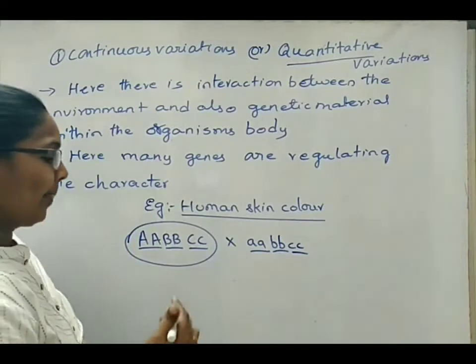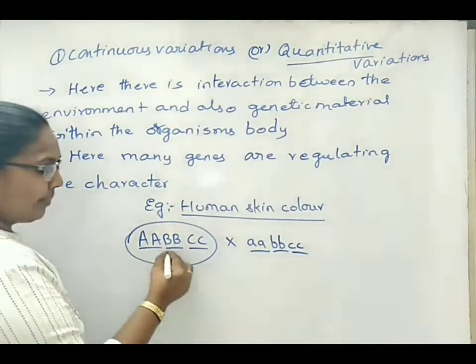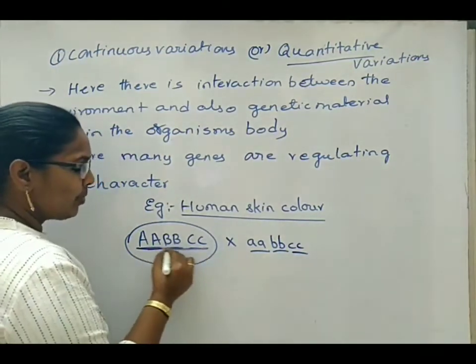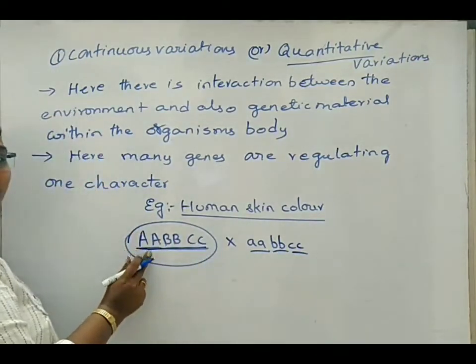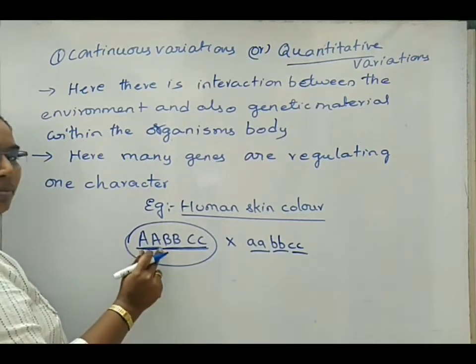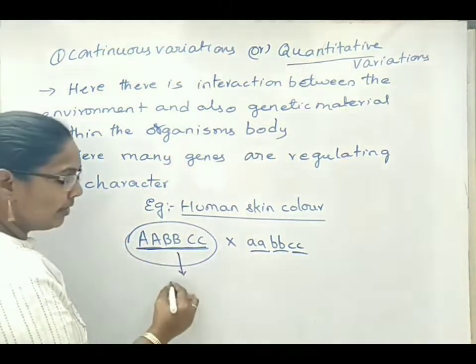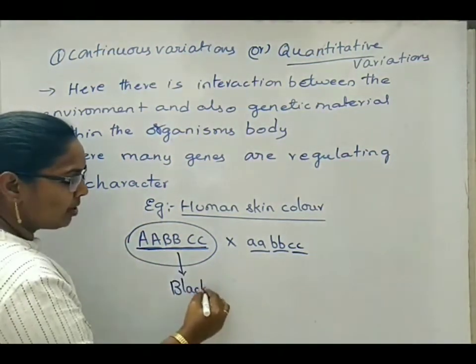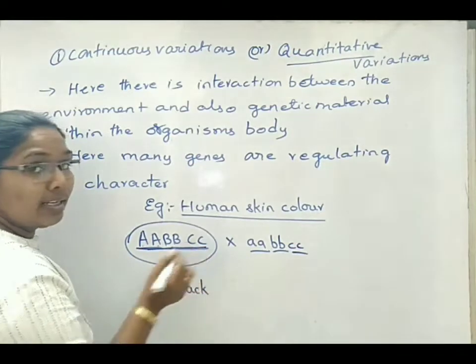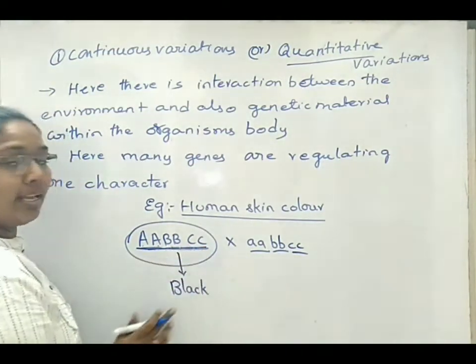For suppose, I told you here this is quantitative, means this type of alleles or this type of genes are not expressed in their related dominant type of genes. Then these are called as recessive genes. If these are not allowing other type of genes to get expressed, then these are called as dominant type of genes. Now, I told you this is quantitative variation. If a person is having in his body this type of genes that are majorly responsible for the character like his body skin color, then this person's body will be black, because here we are seeing 6 alleles, totally 1, 2, 3, 4, 5, 6 alleles.